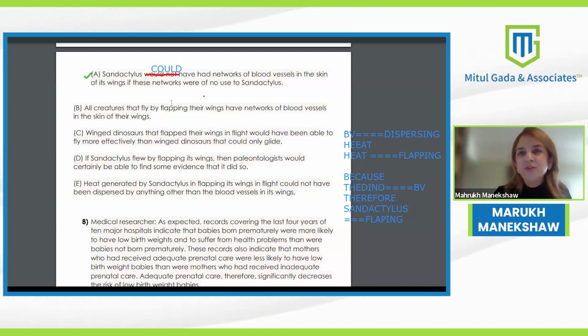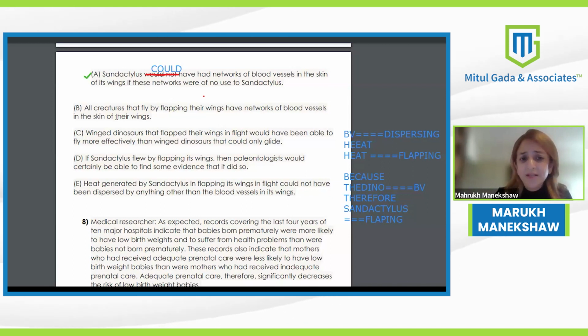If that is true, the argument which is based on the presence of blood vessels, the hypothesis that they flapped because of the presence of blood vessels, would definitely fall apart. The conclusion would be weakened. Therefore, this becomes the right answer.